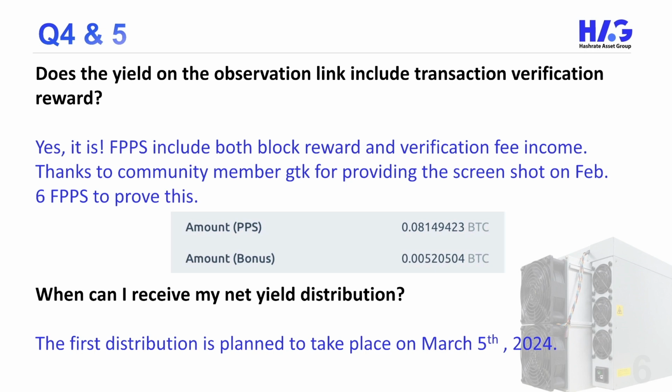So Q5, when can I receive my net yield distribution? The first distribution is planned to take place on March 5th, 2024. So stay tuned to our official Twitter account or official website for the final announcements.